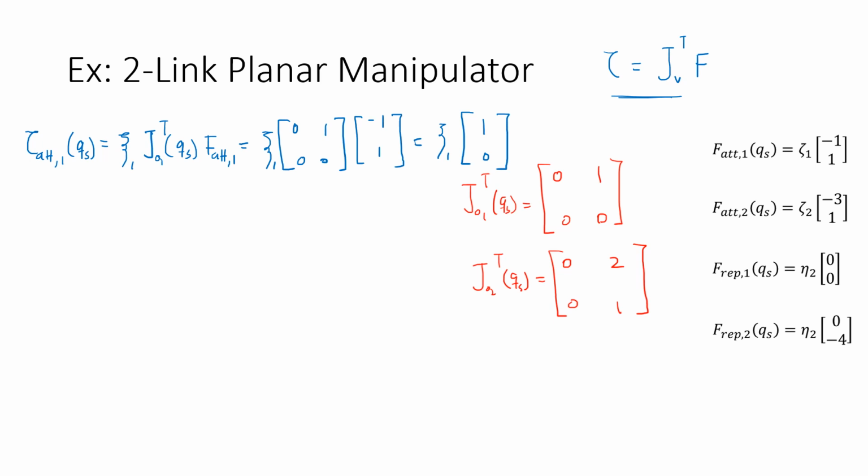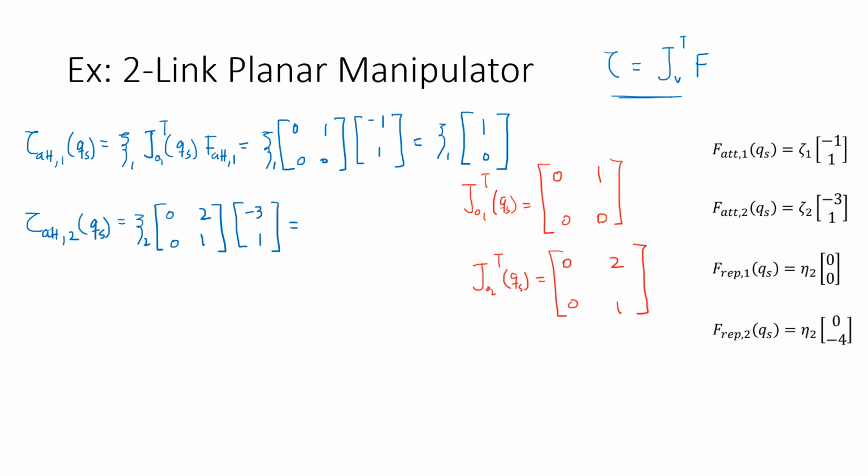Similarly, you can do the attractive torque for the O2 in the starting configuration, and that is going to be equal to zeta 2, and then I can directly plug those values in, 0, 2, 0, 1 as the transposed Jacobian, times the F attractive 2, which is minus 3 and 1, so that is written down.